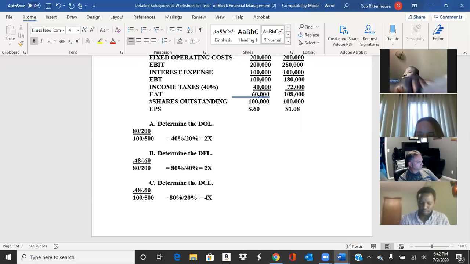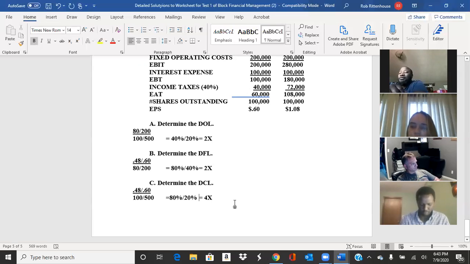When sales went up 20%, earnings per share went up 4 times that rate, or 80%. And of course, remember that you can also compute the degree of combined leverage by simply multiplying the degree of operating leverage by the degree of financial leverage.